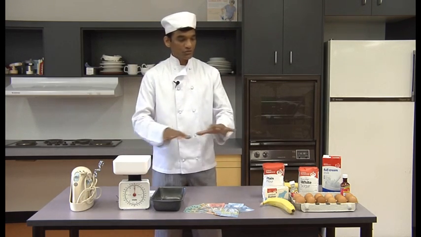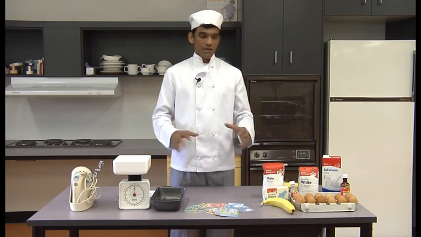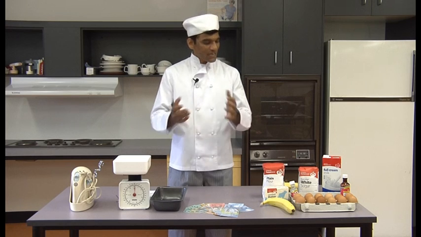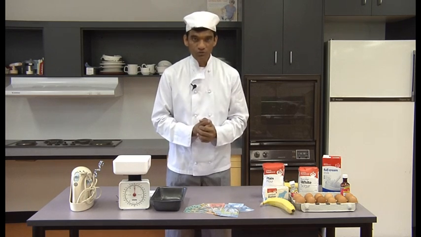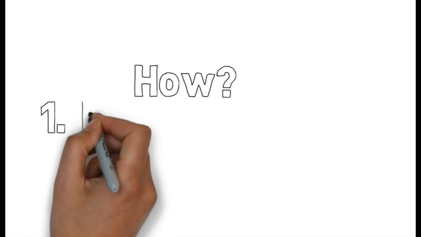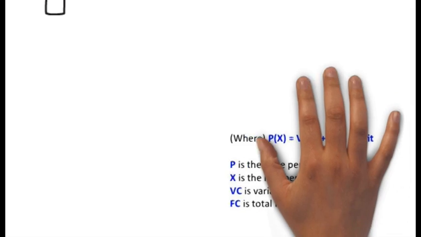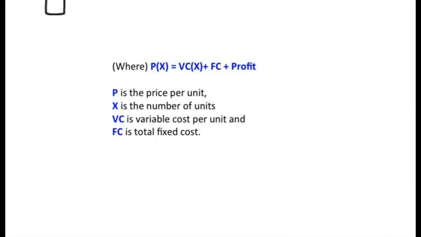So this concept of break-even analysis, I've told you with the help of baking a cake, but in accounting we have more sophisticated tools. So how do we do this? There are 3 ways to achieve it. The first one is the equation method. As you can see on this slide, it's a little equation that is equating total revenue and total cost.